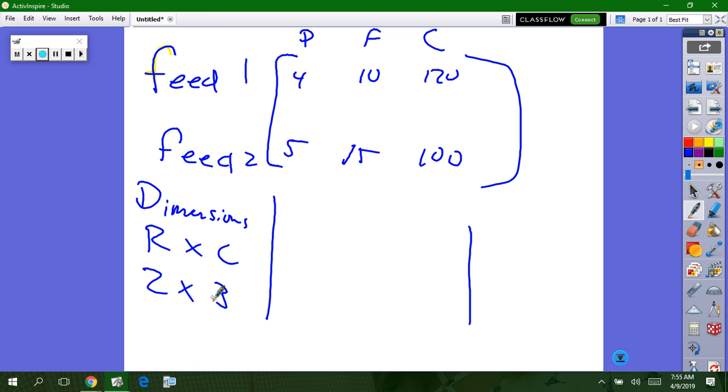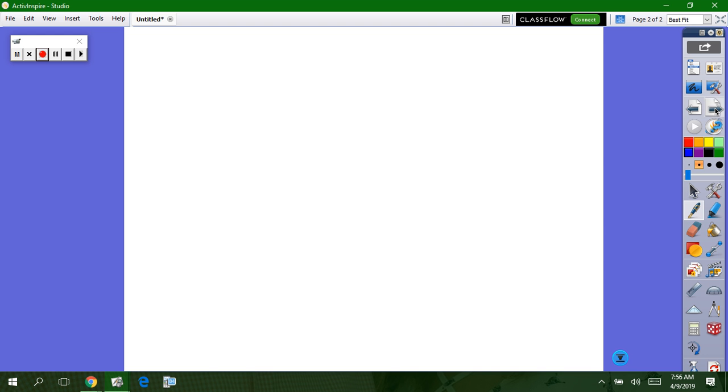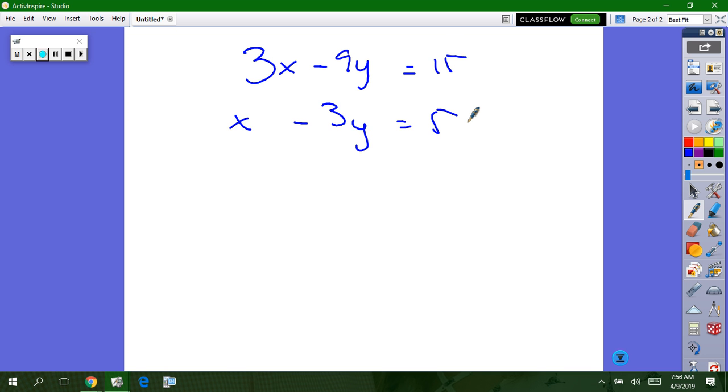Okay. What we can do, another item that we've seen, is let's say we have this problem right here. And then it looks like this. I can also make equations, a system of equations, into a matrix. Okay? This is called an augmented matrix.